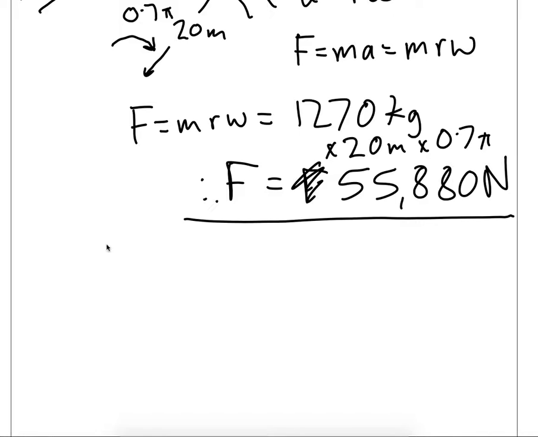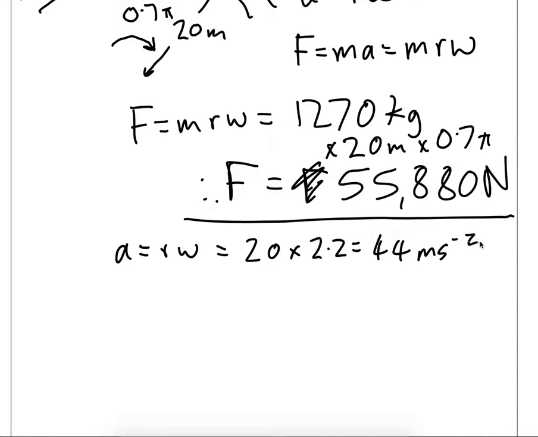And just thinking about it, if we just actually do A equals r omega, that centripetal acceleration is equal to 20 times 0.7 pi, or 2.2 actually is probably simpler. 20 times 2.2, 44 meters per second squared is the centripetal acceleration, which is equivalent to roughly 4.5 g.